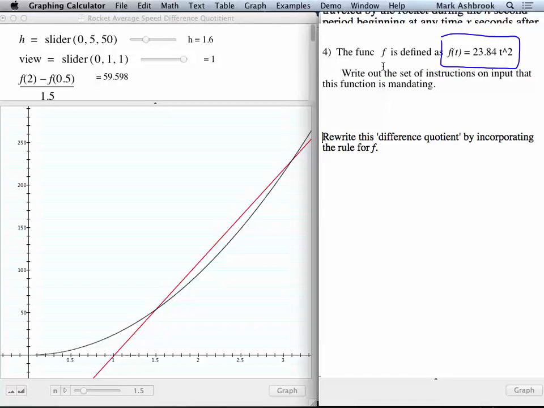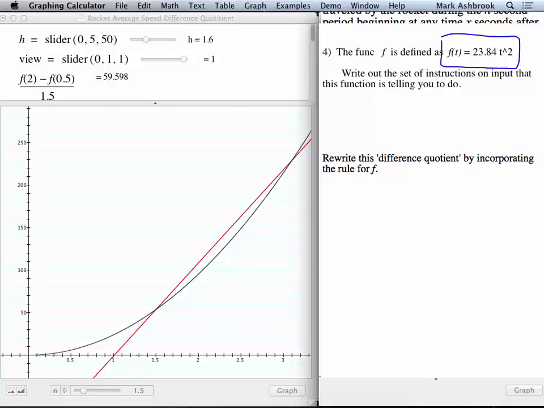Write out the set of instructions on input that this function is telling you to do. That's what I should do first. So given an input, what is that rule telling you to do with the input?